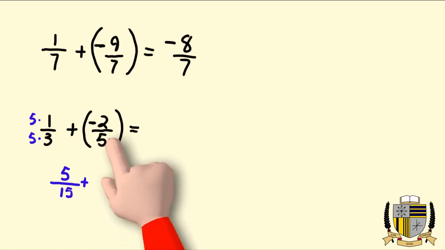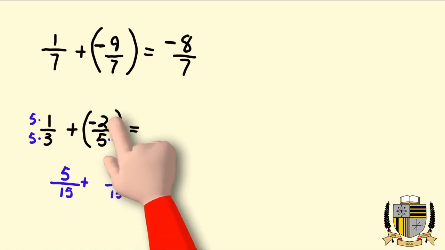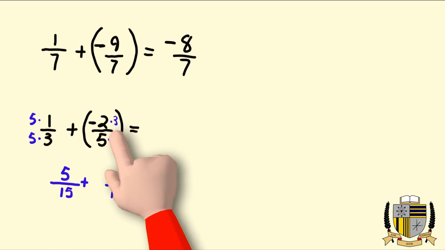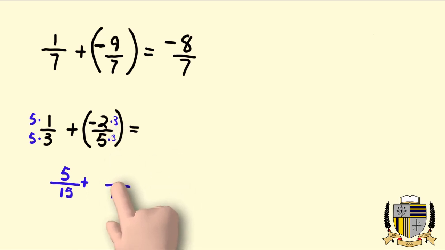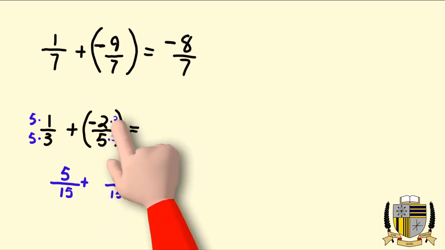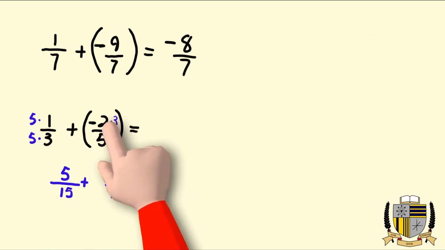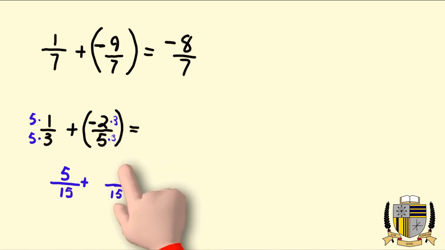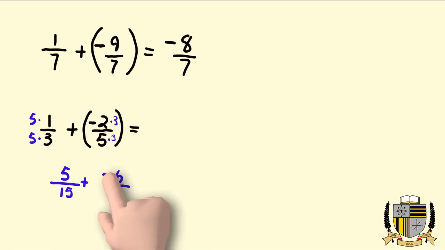Multiply by 3, right? So then I have to multiply this also by 3, right? So that's how we got this 15, and then 3 times that 2 up there is going to be 6. And remember that thing is negative.